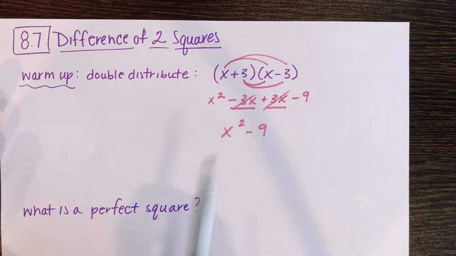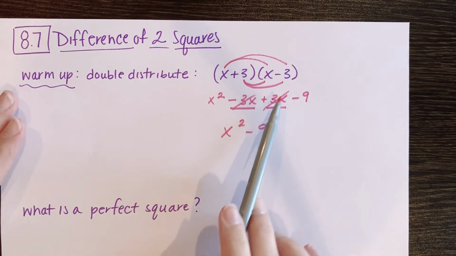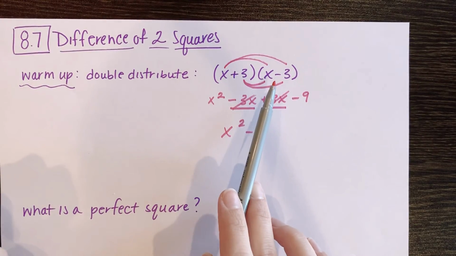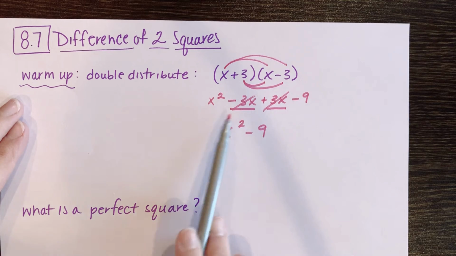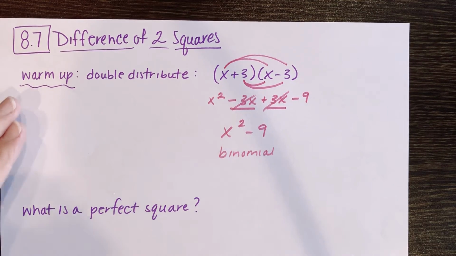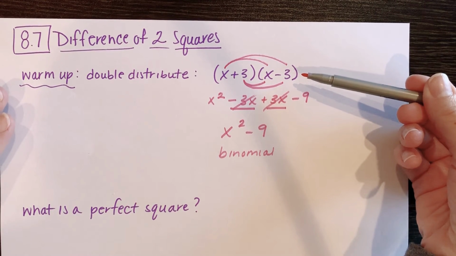So what's really cool about this setup is that because of what's inside those parentheses, I actually end up with just a binomial, right? Which we remember what that means, just two terms. So we've seen a lot of trinomials that we've factored into a double bubble.